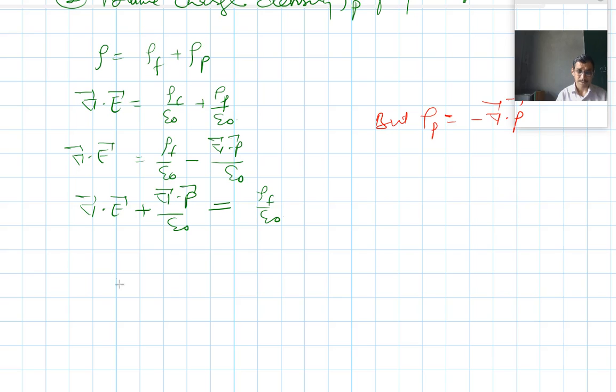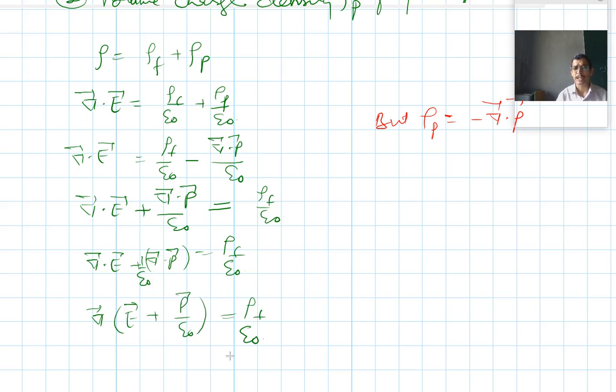We can take 1 over epsilon naught outside, and let us take del outside, so it is del dot of E plus P over epsilon naught is equal to rho f over epsilon naught.